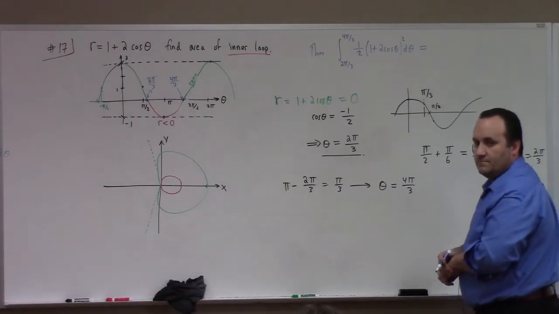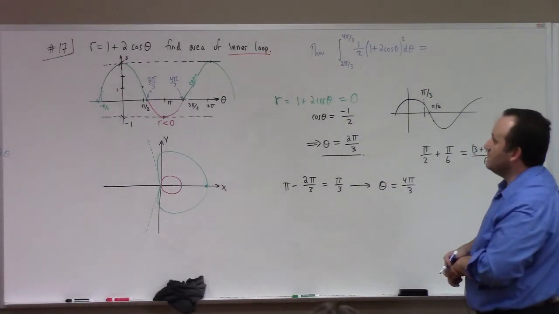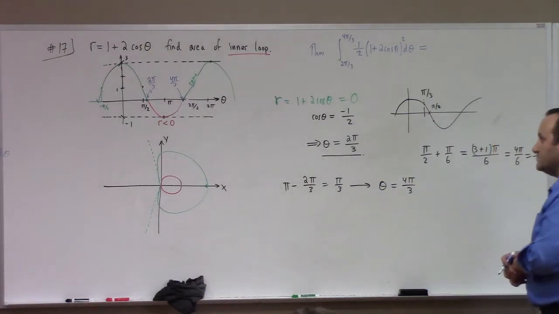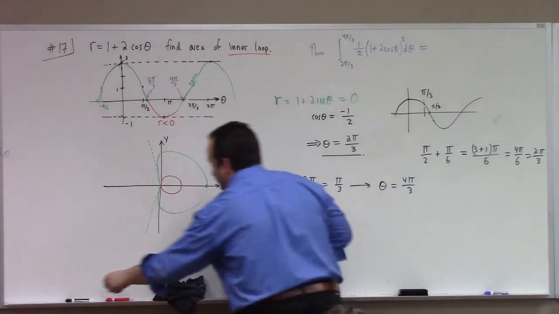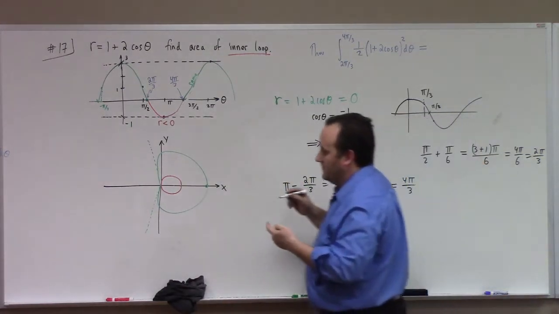All right? Can you guys do that integral? I can't use my symmetry trick on this one. I'm actually just going to have to straight integrate it, right? I mean, there is a symmetry here.